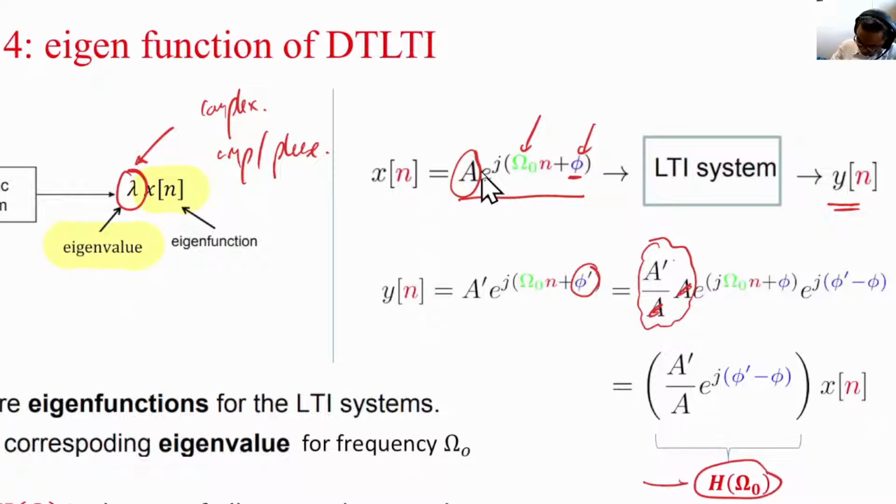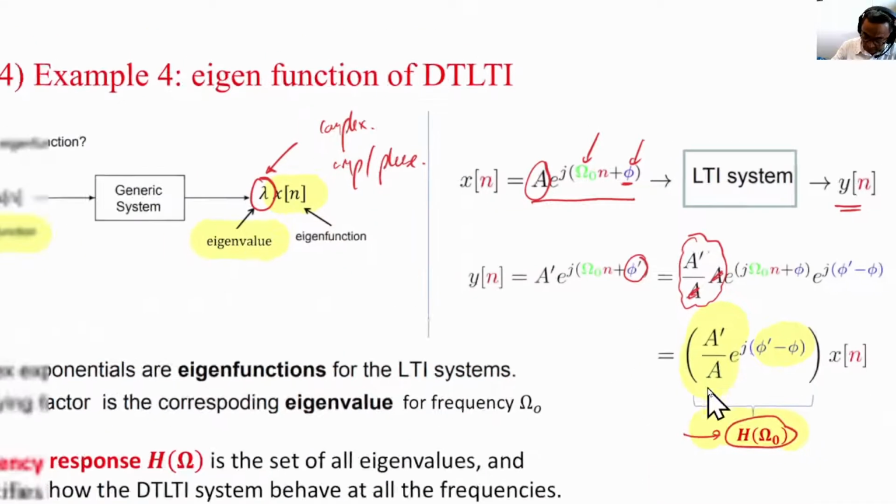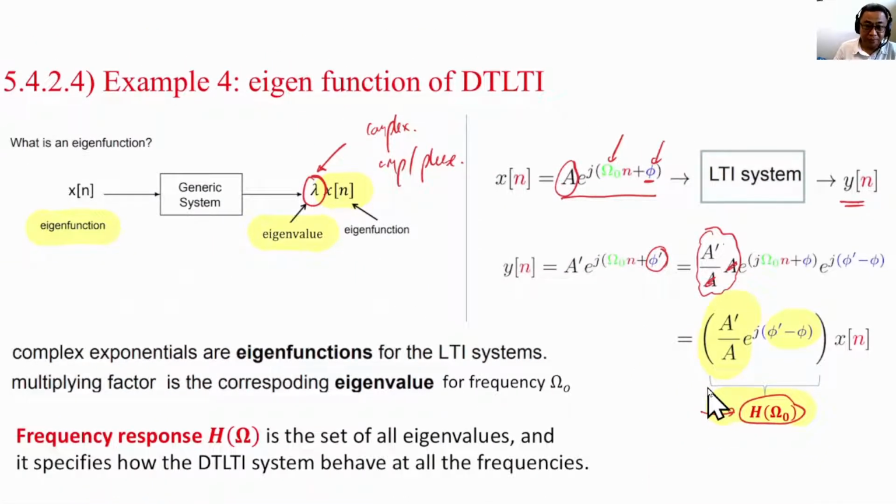So H(z0), this value here, is actually a complex number with a magnitude for the gain and a new phase that will be introduced to the original input signal.